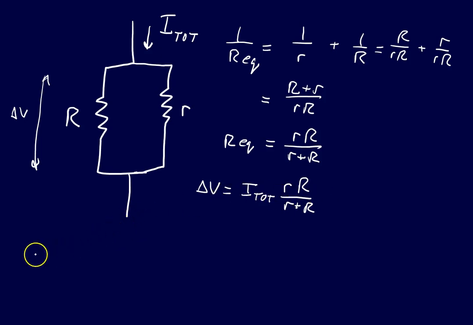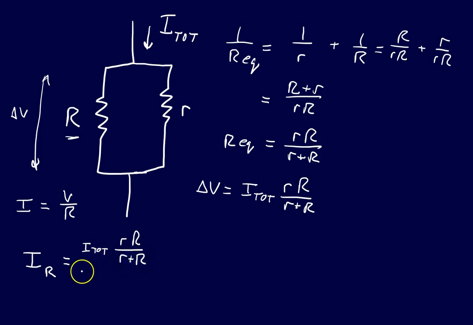Now what is convenient to do is to figure out what the actual current across each one is. For instance, for the current across big R, I would use this voltage drop, because remember, Ohm's law says I is equal to V divided by R. So the current just across the big R would be this I total r R divided by this.